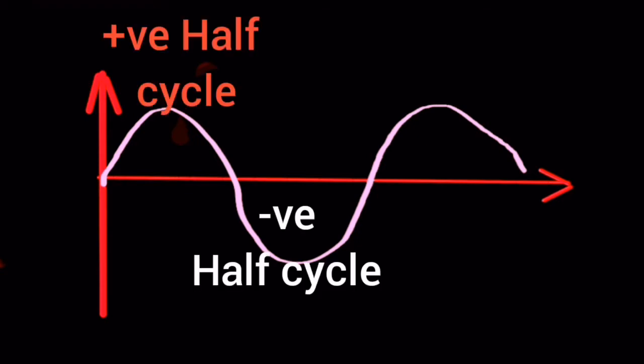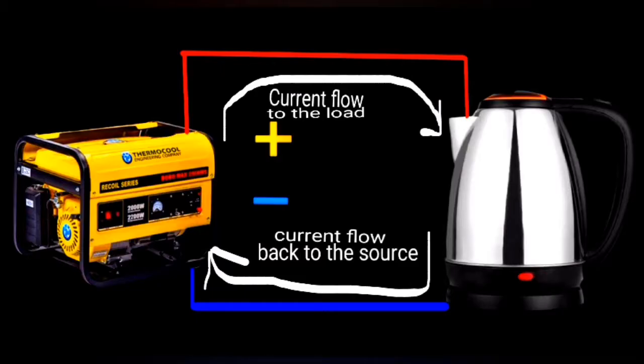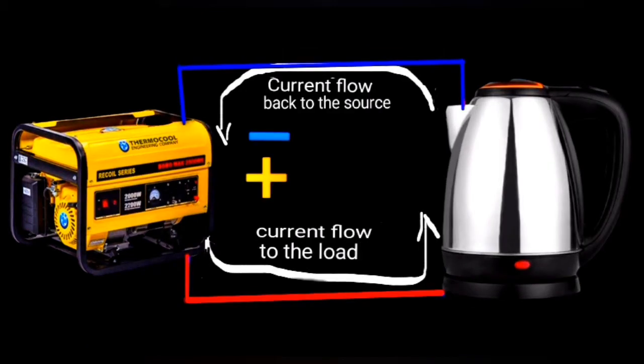Thus, we have the positive and negative half cycles. What this means is that current has two flow paths, one from the positive cycle to the load and back to the source, two from the negative cycle to the load and back to the source.